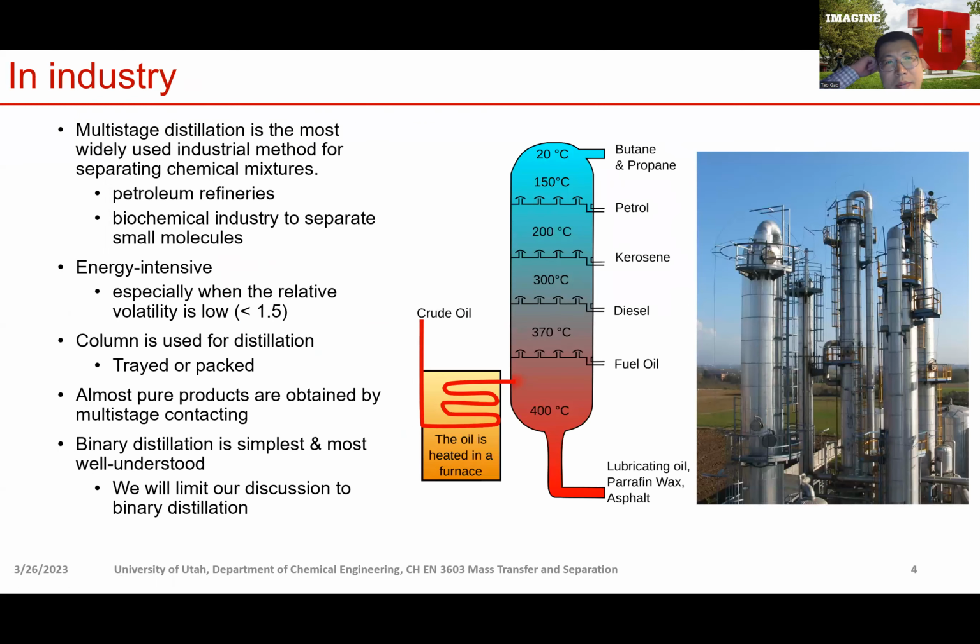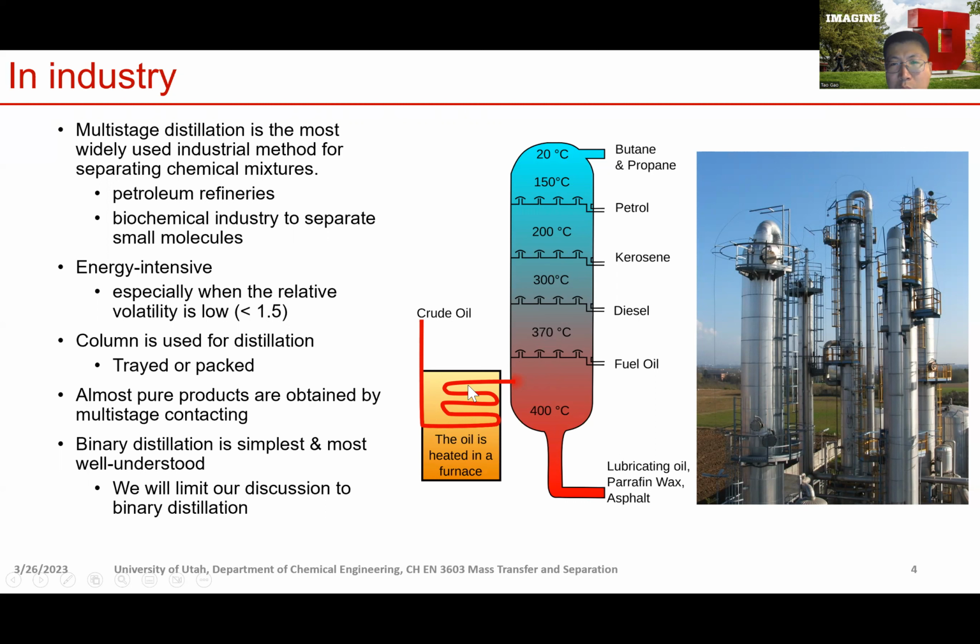So in industry, multi-stage distillation is the most widely used industrial method for separating chemical mixtures, right? For example, petroleum refineries or the biochemical industry to separate small molecules, right? For example, this picture shows a schematic of the distillation column used in the petroleum industry, basically to refine crude oil, right?